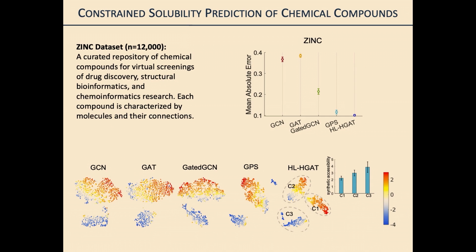You also have edge information. Edge information really tells the bonding energy between the atoms, how they form molecules. And here we do a regression problem. So we want to learn this information and predict the solubility of these molecules. And solubility is a very important parameter for drug discovery.